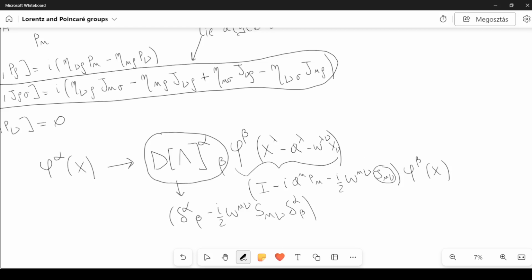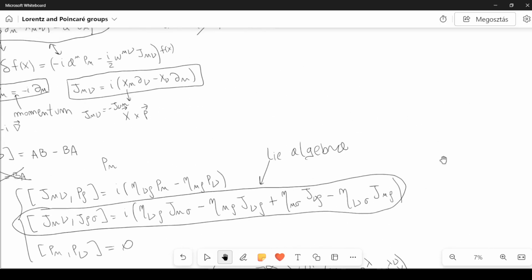J mu nu, as you saw earlier, is related to the orbital part of angular momentum, because when you expand this function in Taylor series, some derivatives appear, and when you compare the two formulas, you have to set this object equal to the cross product between x and the gradient, basically. I'm referring to this formula here.